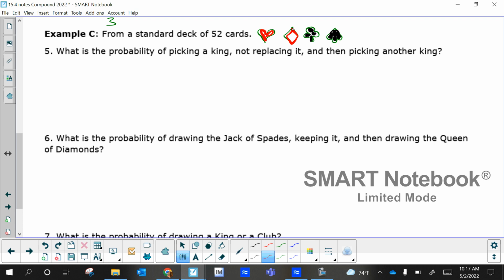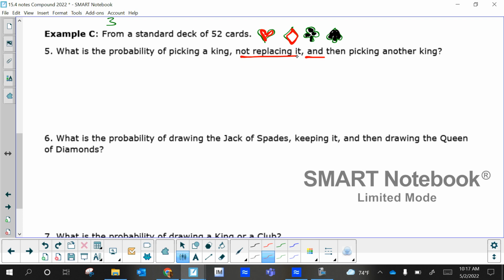So what is the probability of picking a king, not replacing it? So there's that word and. So this is two samples. Now, which one is it? Is it independent or dependent? Well, if you're not replacing it, then that's going to have an effect on the second outcome.